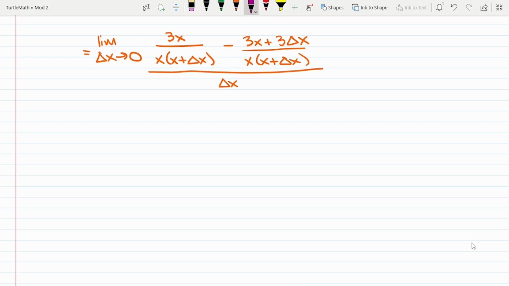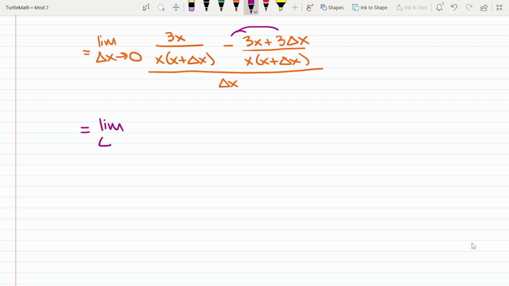So we want to do a couple things. We want to put all of this in one fraction, so we'll start by combining those top fractions into 1, and we also want to distribute that negative to both 3x and to 3 delta x.